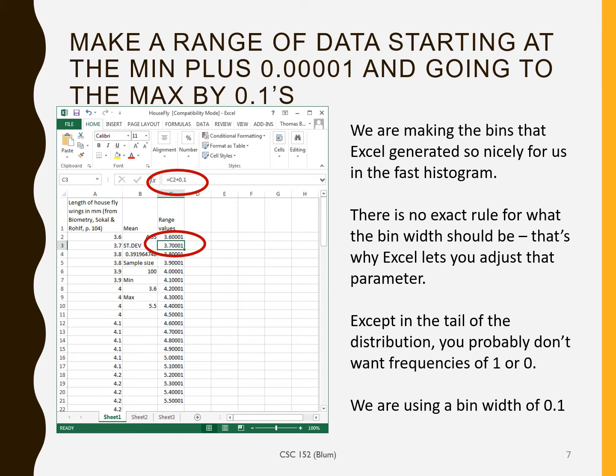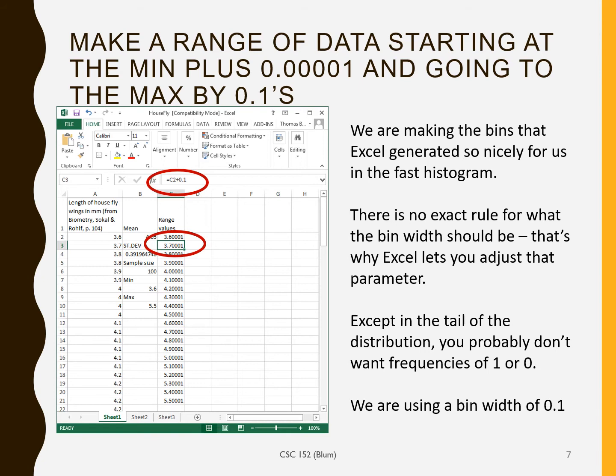Then our next question is, what is the width of the bins? How spread out are they? There's no exact rule here. Remember, that's a parameter that Excel lets you play with: the width of the bins, or how many bins there are. You don't want everything in one bin, and you don't want too many empty bins.